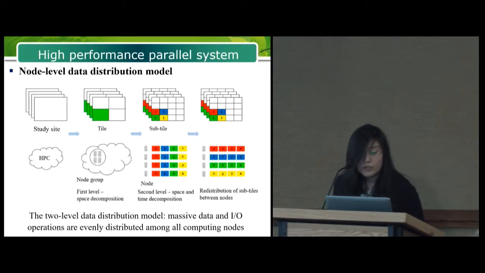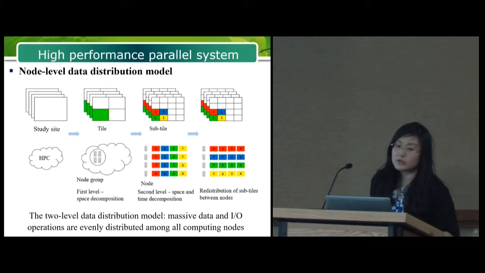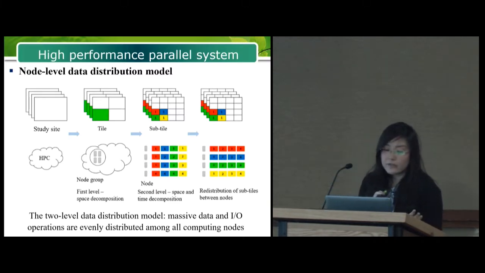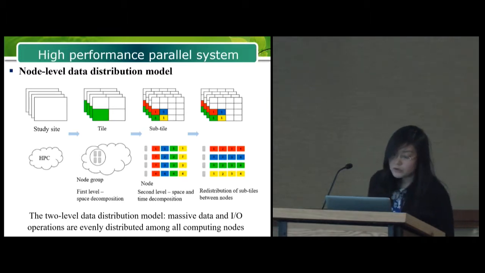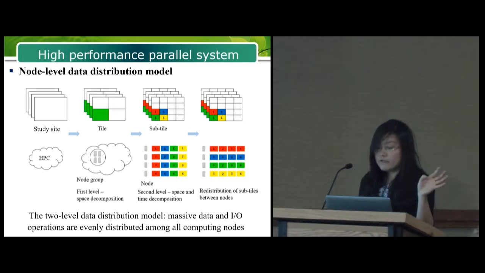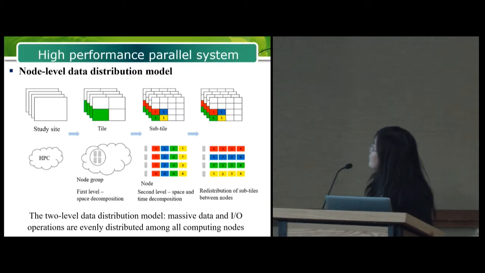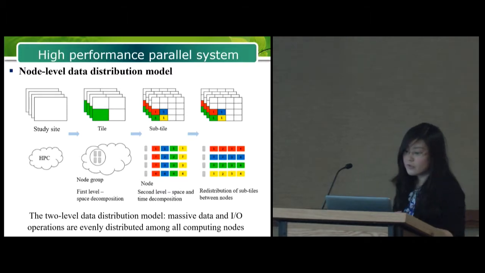So for the node-level data distribution model, we have the static side. We decompose it into multiple tiles, and we have a large number of computing nodes. We partition them into different node groups, and we then further divide those tiles into subtiles. Every node in the node group will be responsible for handling all the information of all the subtiles within that specific tile for the specific day, using the parallel file system.